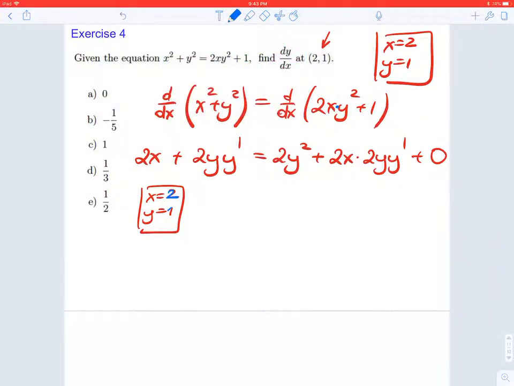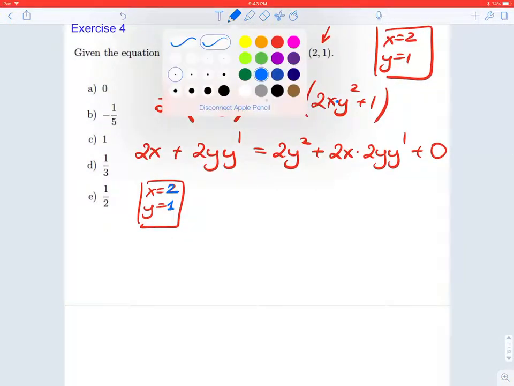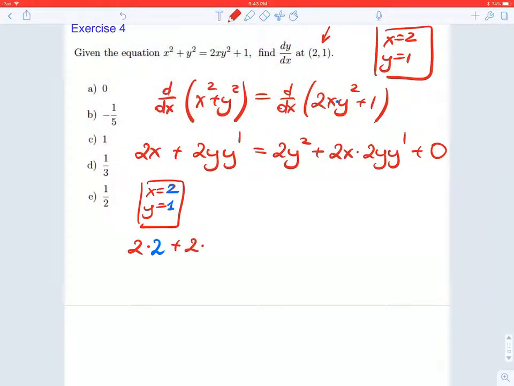So 2 times 2, plus 2 times 2 times 2 times 1, y prime.